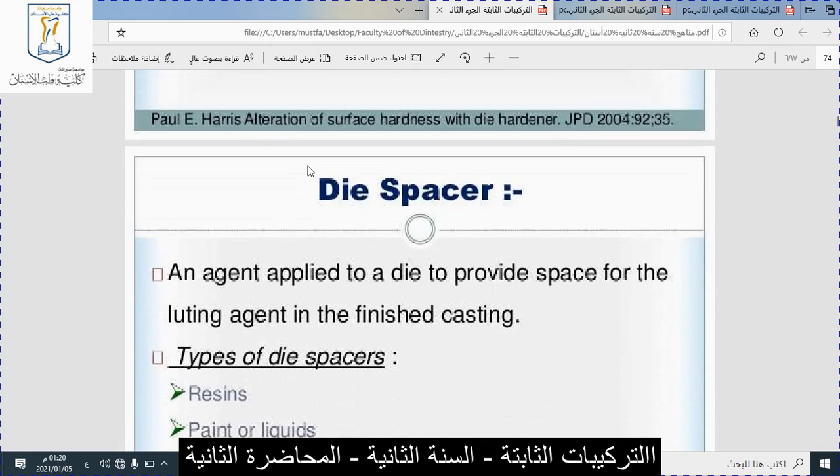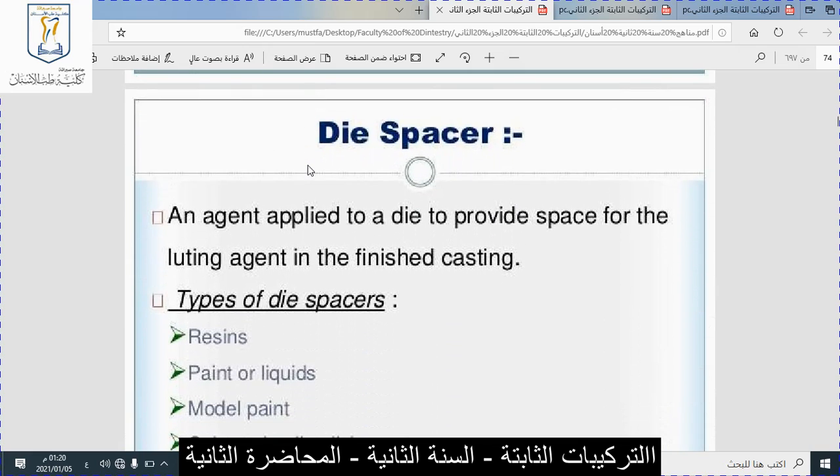Die spacer makes space for the cement. It is mandatory to put a die spacer to produce space for the dental cement, because every dental cement has a specific thickness. For example, zinc phosphate cement 22 or 25 micron, resin cement reaching up to 20 microns, and zinc polycarboxylate 40 micron.